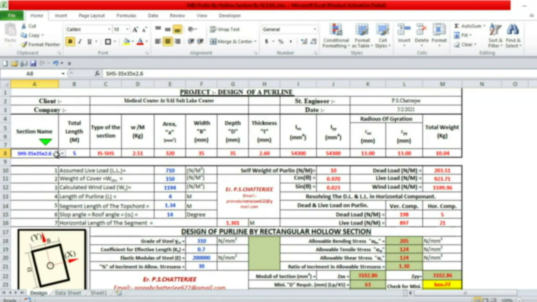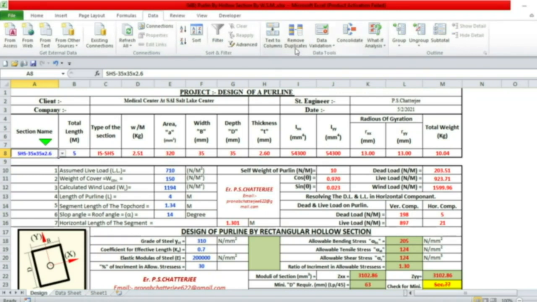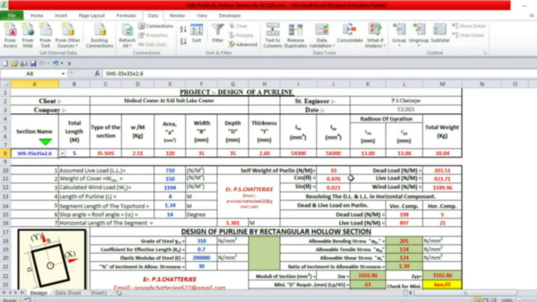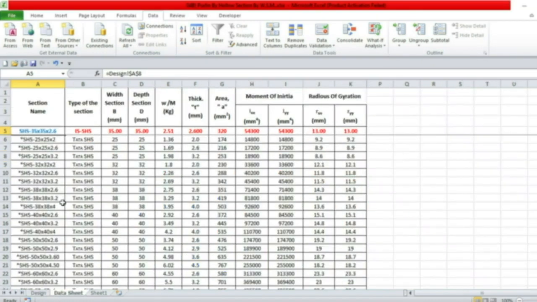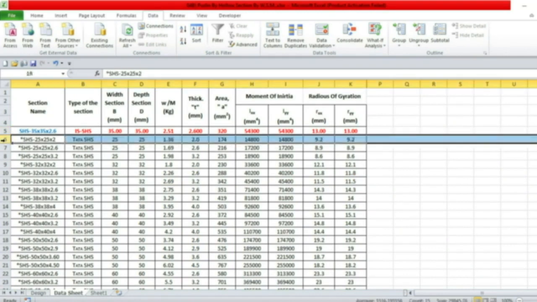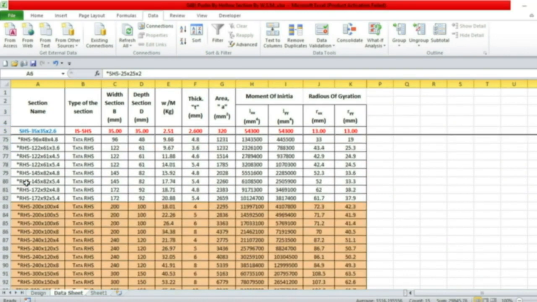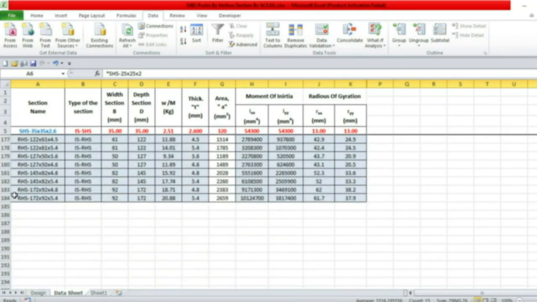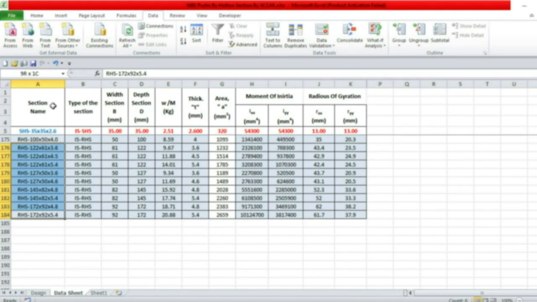First, we have to prepare data validation. Already I have made this. The data set is A6 to A184, from here to here.